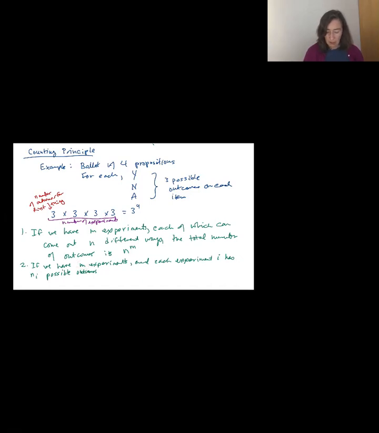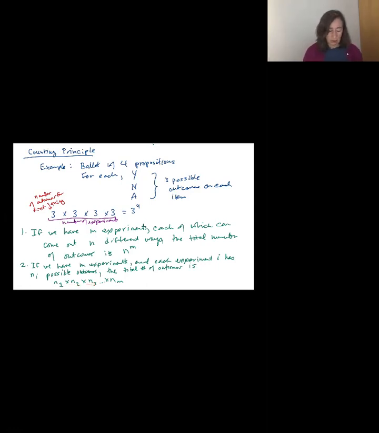So just writing that: if we have M experiments, each experiment i has n sub i possible outcomes, the total number of outcomes is n1 times n2 times n3, all the way up to n sub m. So what we've got here are the number of possible ways the first item can come out, the number of possible ways the second one can come out, the third, however many there are.